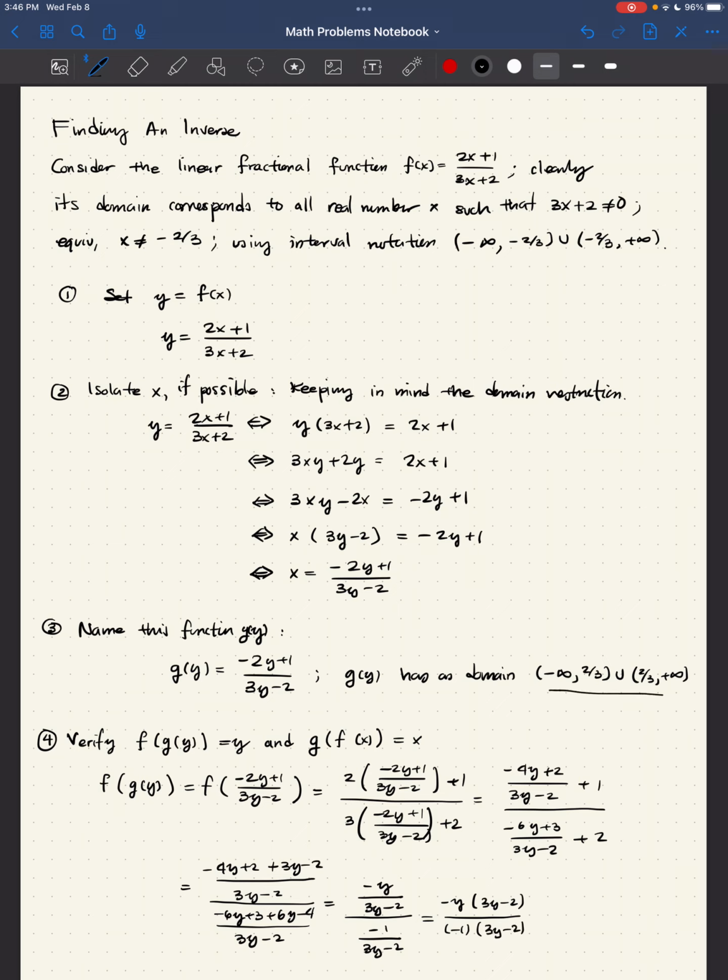Since we're working under this domain, we can perform this cancellation, and this reduces to simply y, which is exactly what we expected from the verification step.